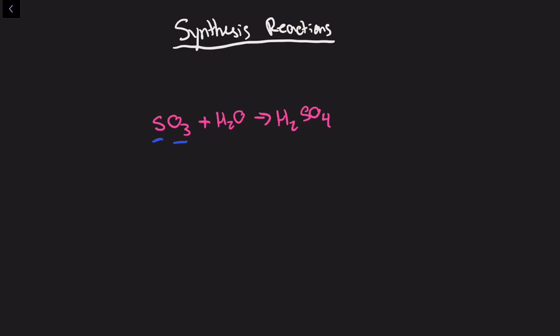We have a nonmetal with oxygen attached to it. And then we have water. So our nonmetal oxide plus our water gives us an acid. In this case, we get sulfuric acid.